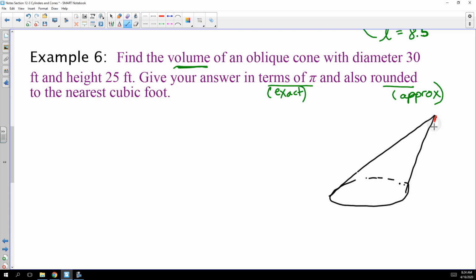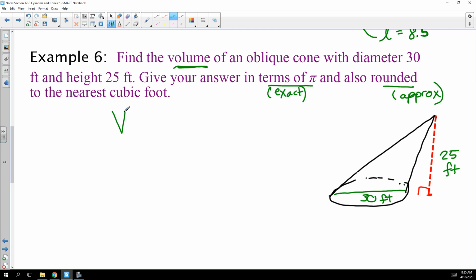So the height should come from the vertex and be perpendicular to the plane that contains that base. So I'm just going to draw an altitude there. And we have a diameter of 30 feet. This is a very large cone, and a height of 25 feet.